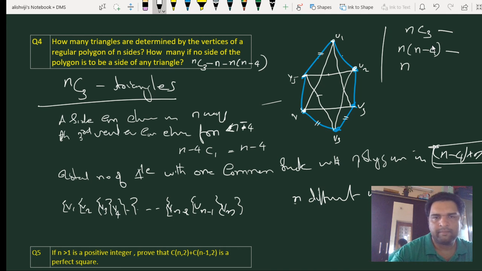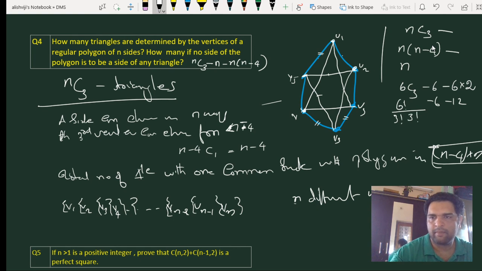So in the case of 6 vertices, we can have 6C3 minus 6 into 6 minus 4, that is 2, minus 6. This is equal to 6C3 minus 6 minus 12. Then 6C3 is 6 factorial divided by 3 factorial into 6 minus 3, that is 3 factorial.